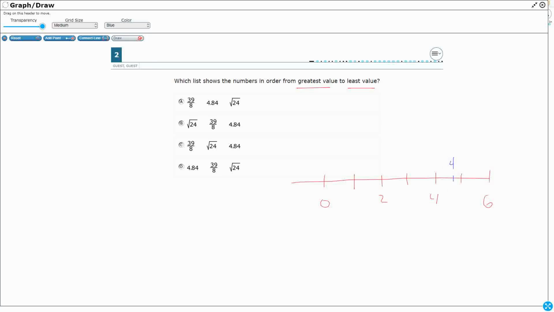I'll call it 4.84. Now we can use a calculator to double check our work, but we can actually estimate some of these, right? So 39/8. Really, if we want to, we can just divide. 8 goes into 39 four times, that's 32.